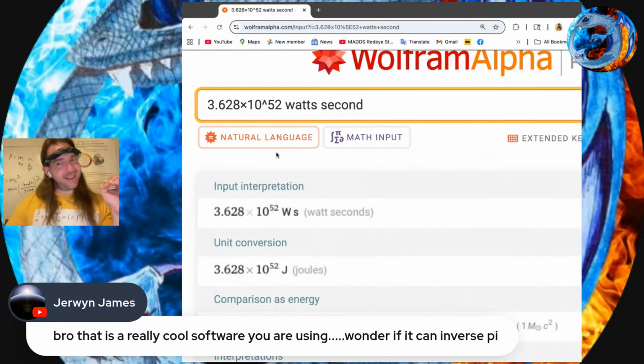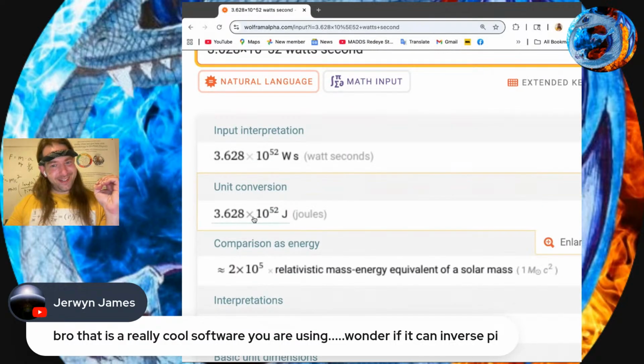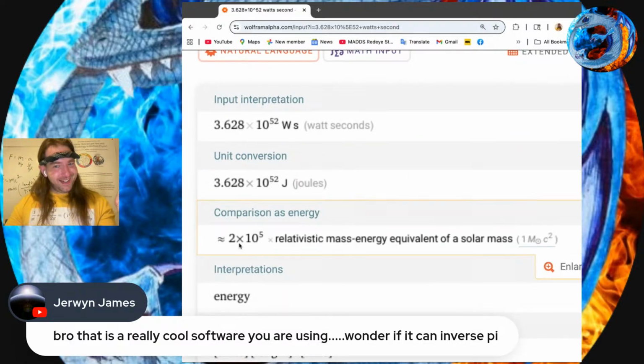So that means it is giving out 3.628 joules per second, aka 2 times 10 to the 5 relativistic mass energy equivalents of a solar mass. Basically, it's outputting the energy of about 100,000 suns per second.